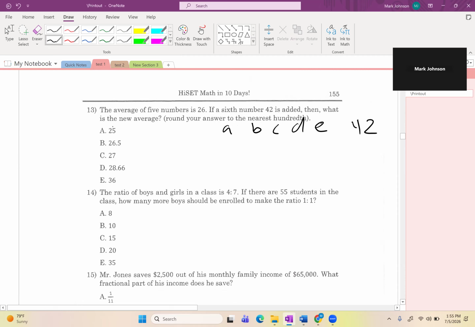Y queremos, ¿qué es el nuevo promedio? Entonces, queremos sumar A más B más C más D más E más 42 y dividimos por 6 porque son 6 números.